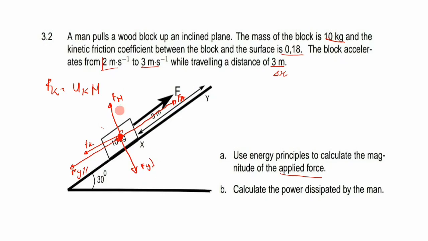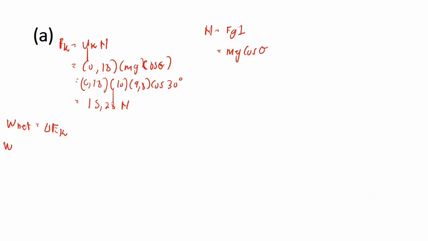Fn and Fg perpendicular, they're not doing work because they're perpendicular to the displacement. So on our W net formula, we'll only be focusing on these three forces. Work done by force applied, plus work done by Fg parallel, plus work done by Fk is equal to half m Vf squared minus Vi squared.